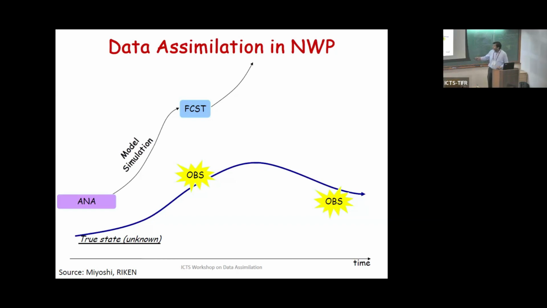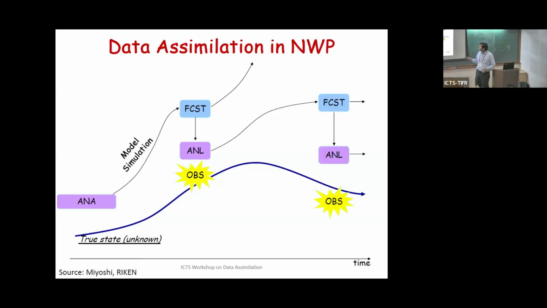Every time we don't know the true state of the atmosphere, but we have some observation in between. The model simulation says something like this, and then we use some correction or update to find my analysis, which is a combination of my background and observations. And like this we move.